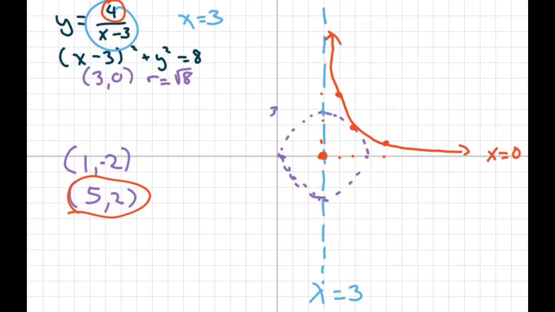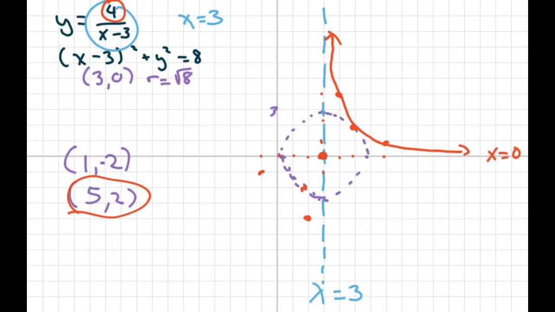Okay, and then for this side, you start at your center again and use your vertical stretch of 4, and you go over 4, 1, 2, 3, 4, down 1. And back to your center and go down 4, 1, 2, 3, 4, to the left 4. And then our intersection point is at (1, negative 2).